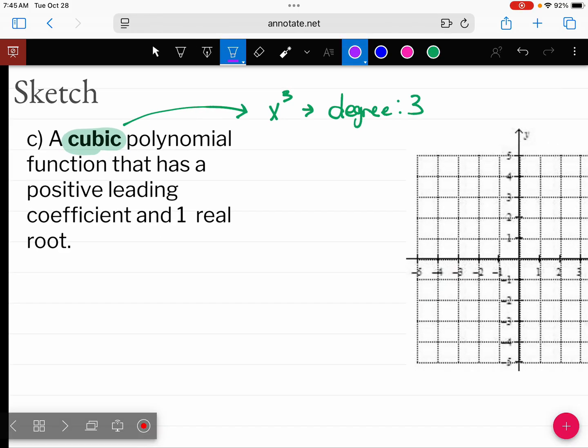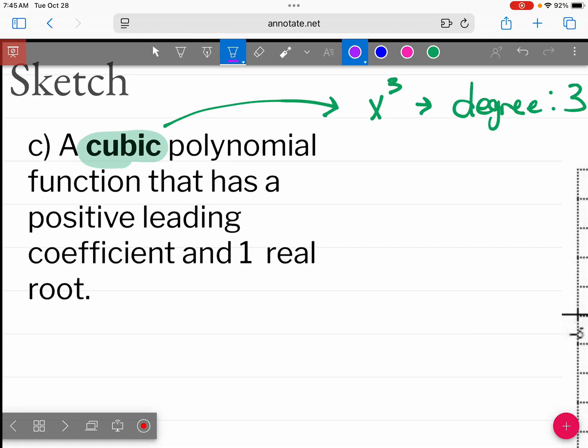What else do we have in here that we need? The positive leading coefficient is another important one. We also will need the root thing. So our positive leading coefficient tells us that our leading coefficient is positive. So I'm not going to forget it. It's plus. So we're degree 3 and positive.